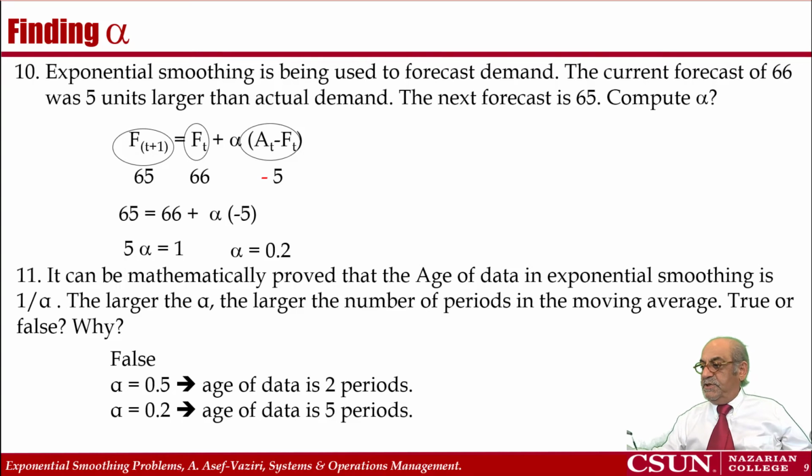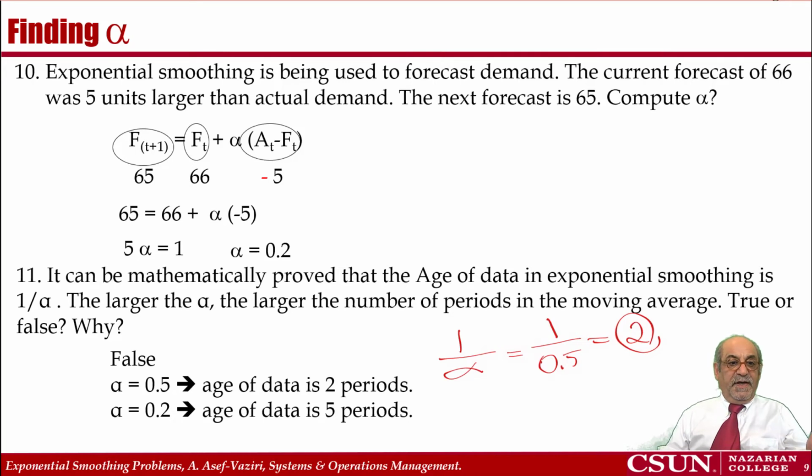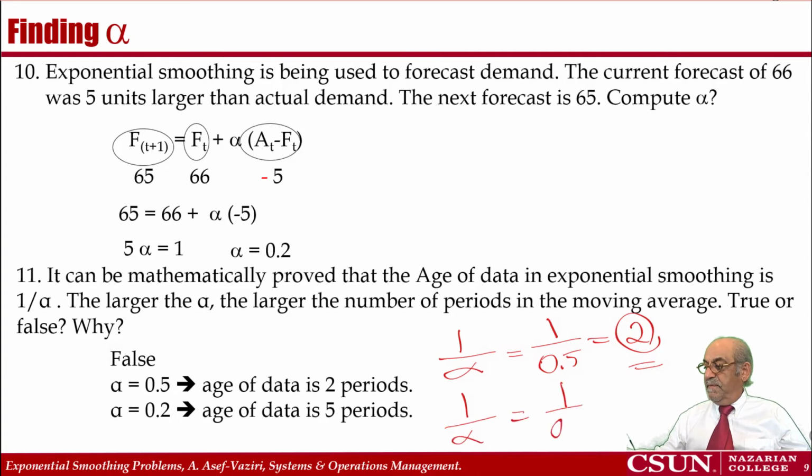Age of data in exponential smoothing is 1 over alpha. And therefore, if alpha is equal to 0.5, 1 over 0.5 is equal to 2. So if alpha equal to 0.5, age of data is 2 periods. If alpha is equal to 0.2, that is equal to 5. Here, age of data is 5 periods, average age of data.